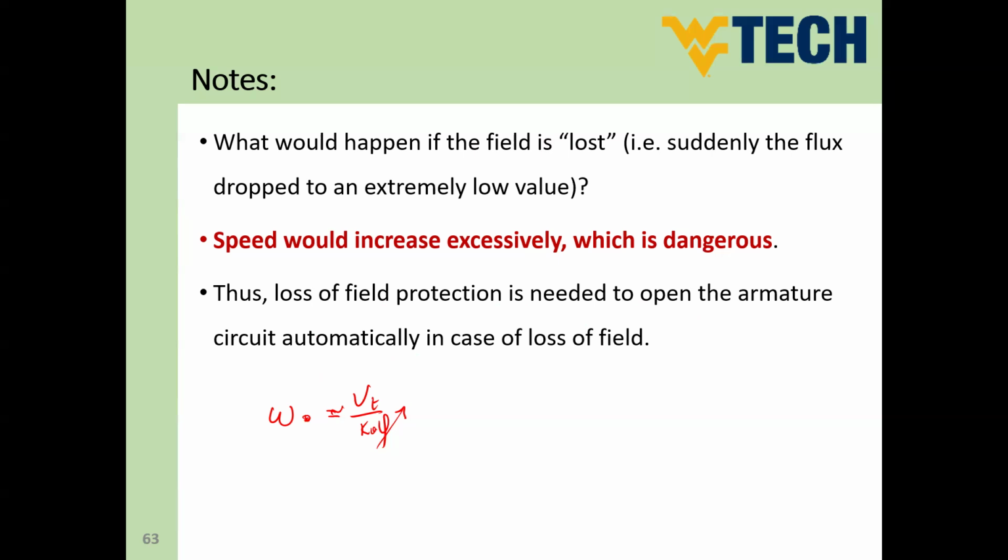If you open the circuit of the armature, the armature current is going to be zero, and zero armature current means the energy stored internally in your motor will be dissipated in the overspeeding that the motor tried to do until the motor stopped. In this case, your motor will not absorb more power from the supply and will stop. So this is the preferred way to protect your motor against the field loss.